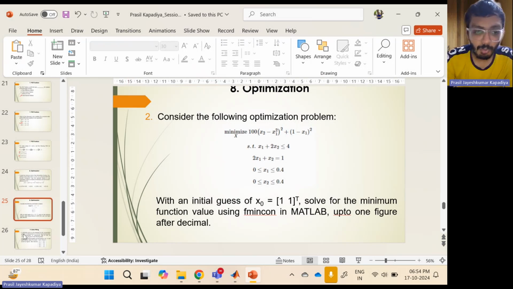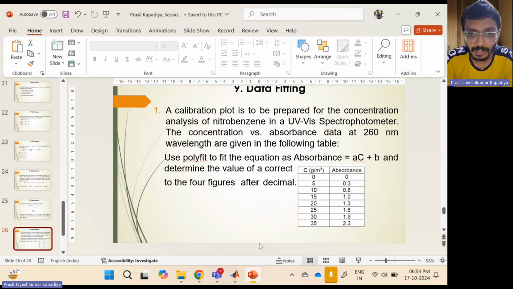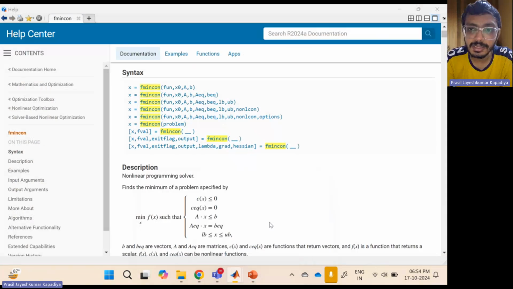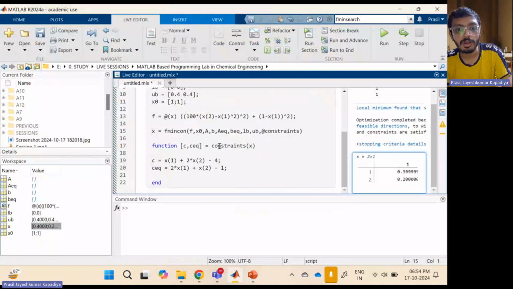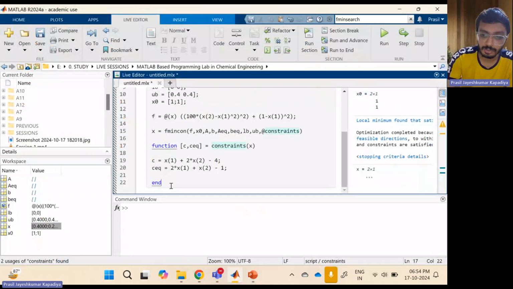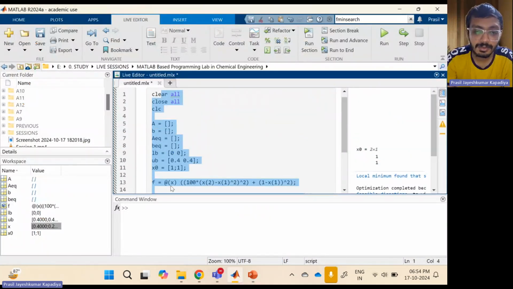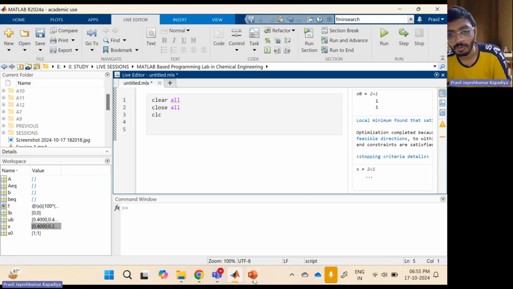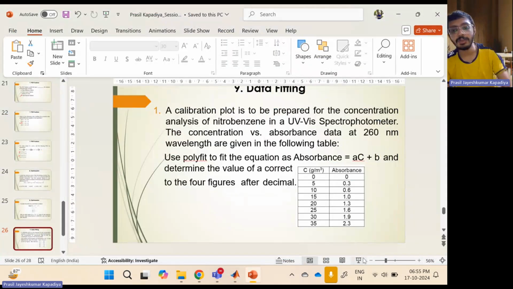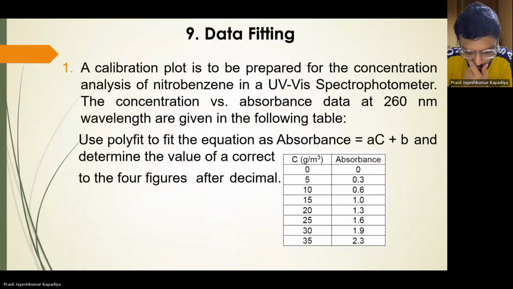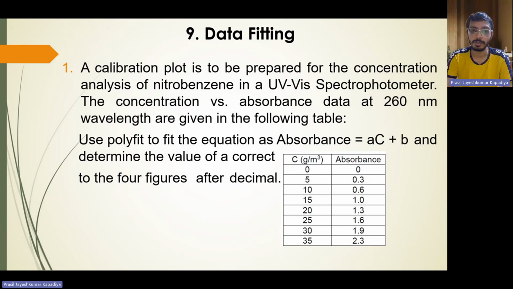Okay, now let's move ahead with the last part, data fitting. This is a really easy part to do, but very useful, at least for those who are doing a PhD with experiments or simulations. So you are given some data. A calibration plot is to be prepared for the concentration analysis of nitrobenzene in a UV visible spectrophotometer.